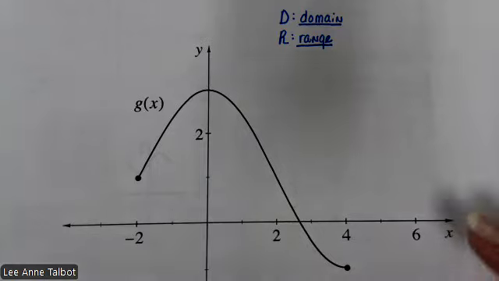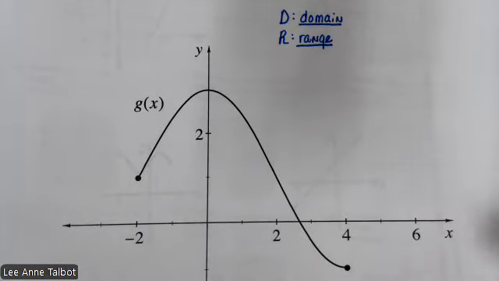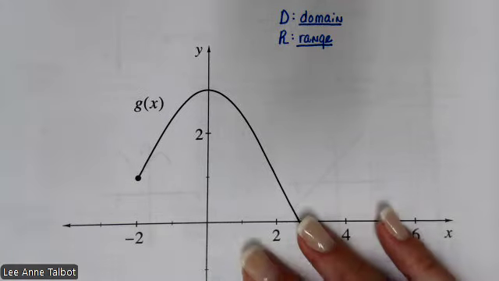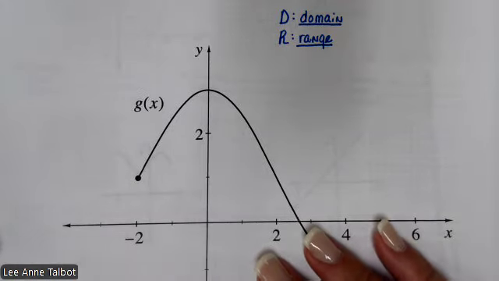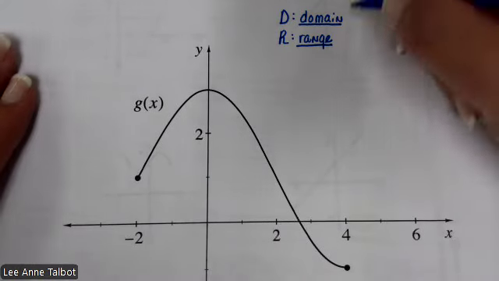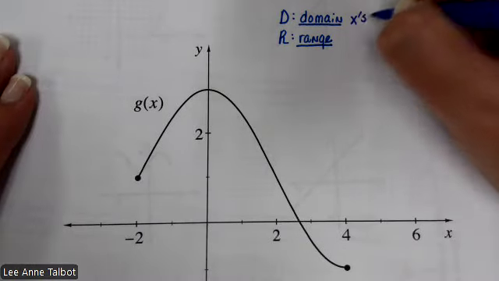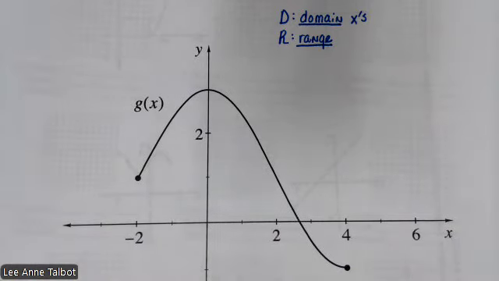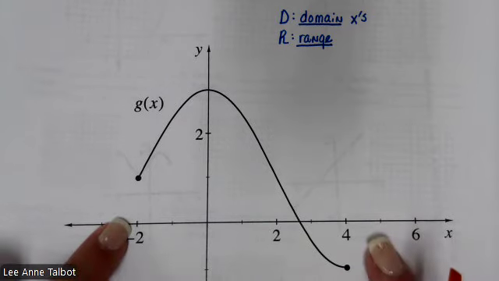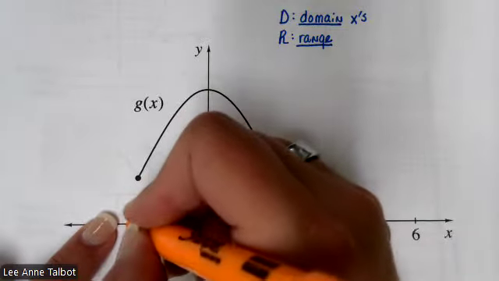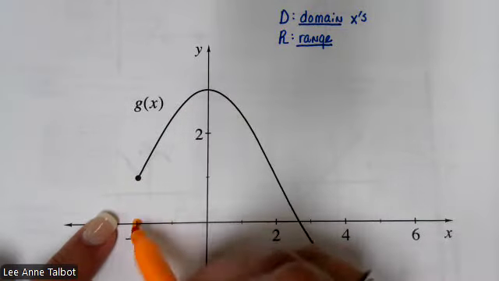We've got you a picture here on purpose where the domain and range are kind of easy. This is like a level 1 problem. Very easy to find the domain and range. The domain is all of the possible x's. So on the x-axis, what I want to do is mark the possible x's for this curve. Do you guys see that it starts right here?